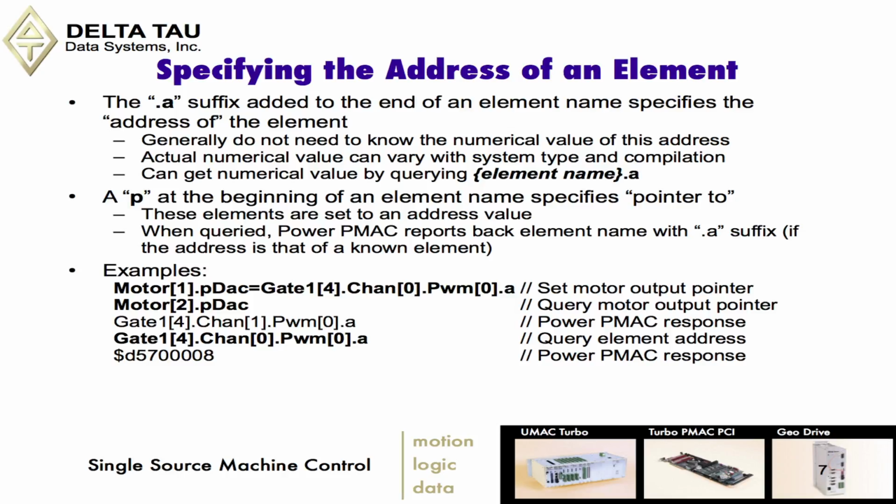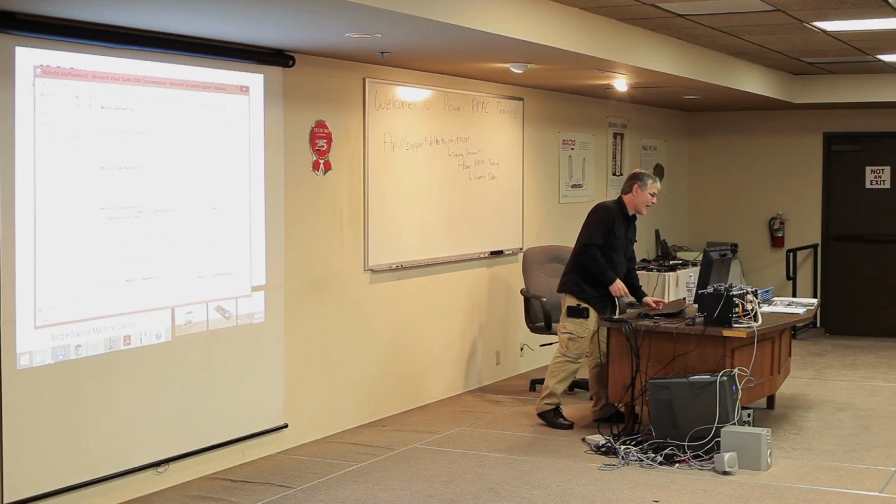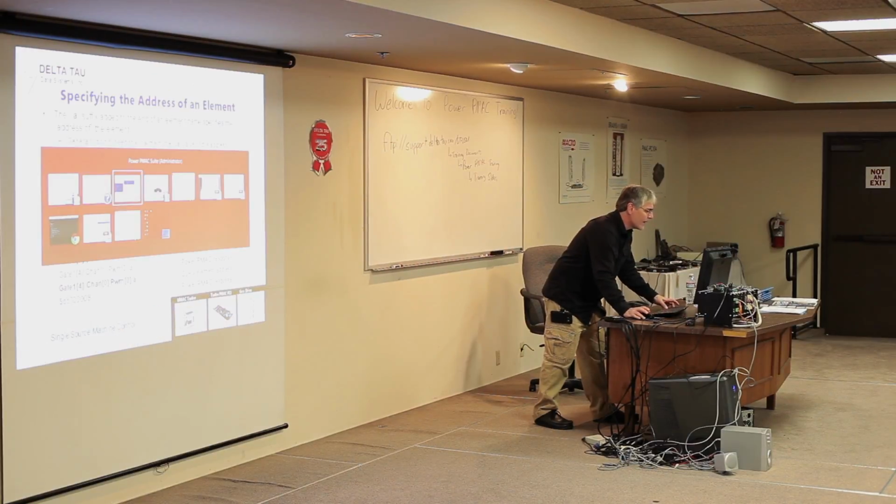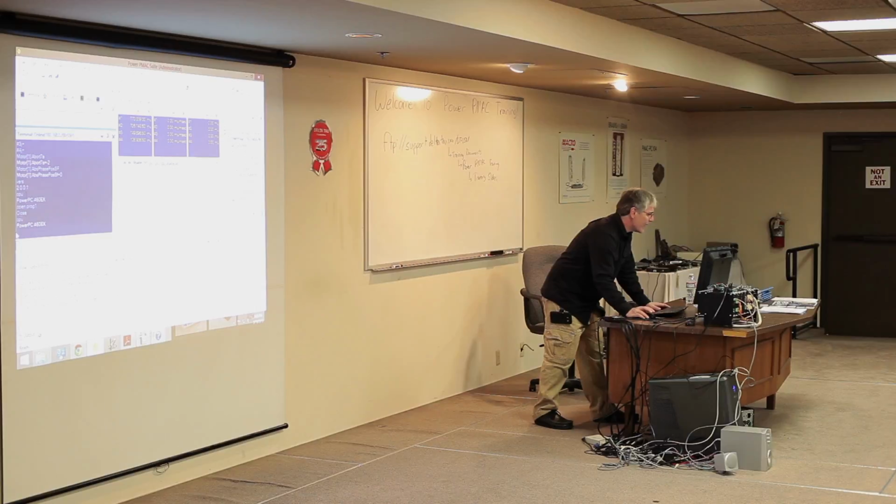And if you do happen to need the address, you can always get it as a numerical value by doing the query elementName.a, and then it will tell you. For example, if I go back to here, and let's see, what was a structure that I had been previously looking at?